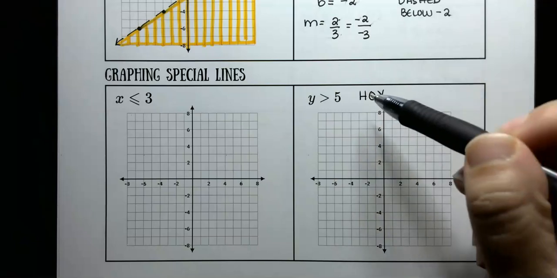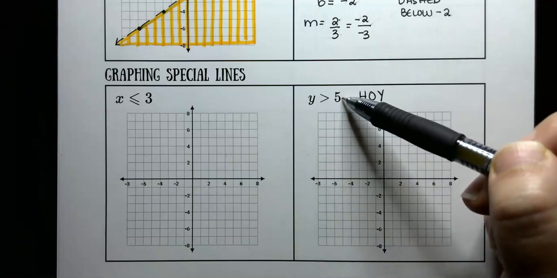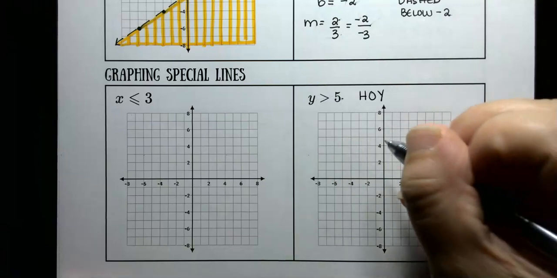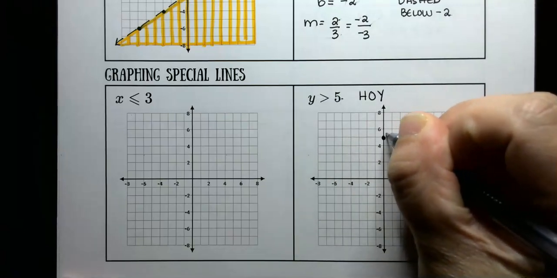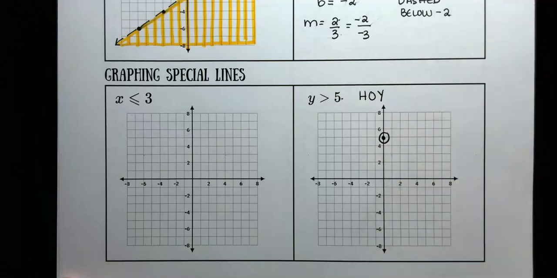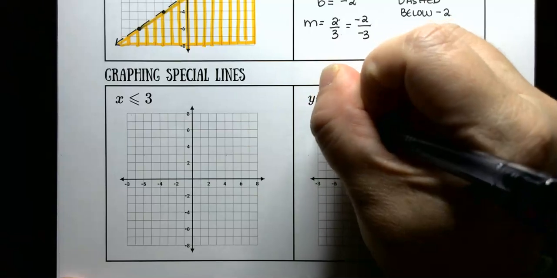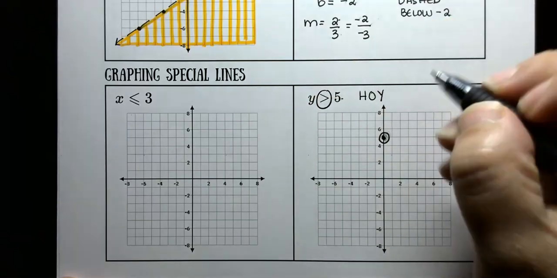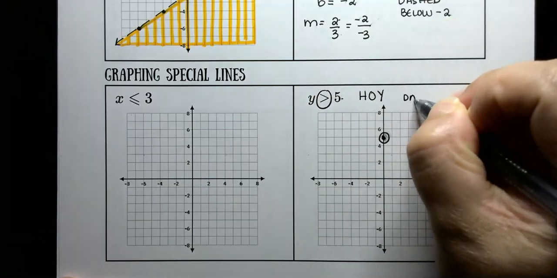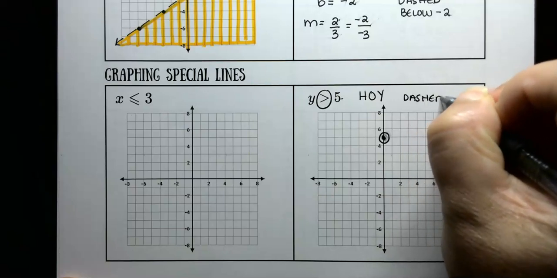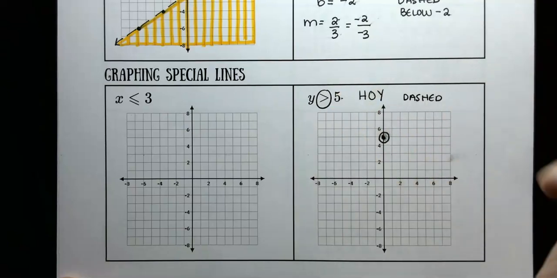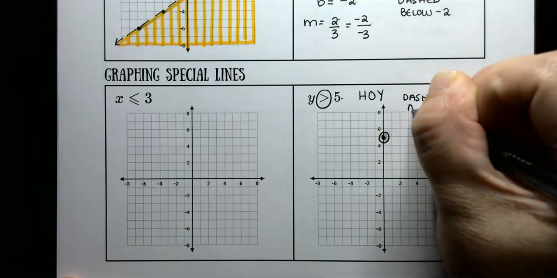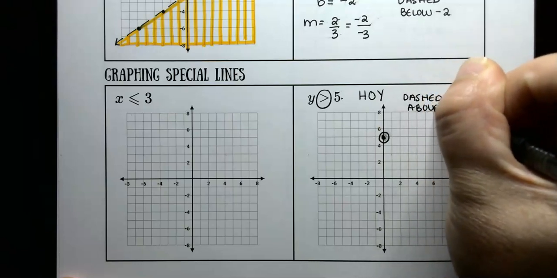So with that being said, let's find positive 5 on the y-axis. So positive 5 is right here. And before I draw my horizontal line, I'm going to look at the symbol. This symbol tells me it is a dashed line. It also tells me it's greater than, so I'm going to have to shade everything above the 5.